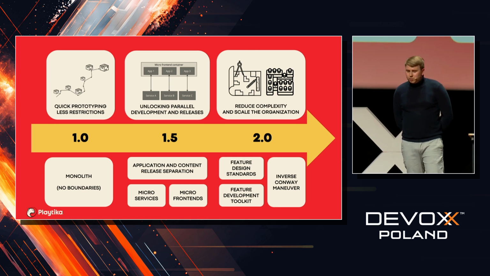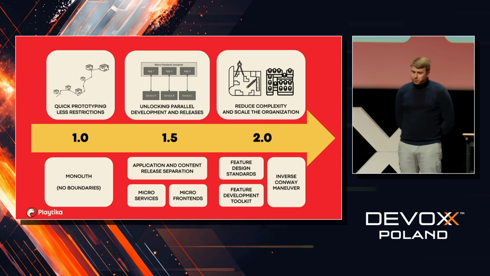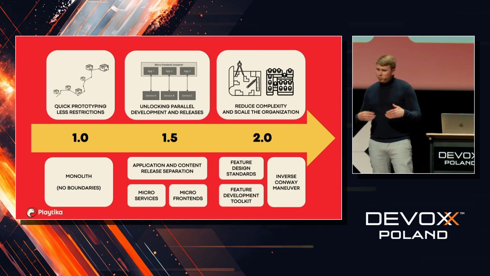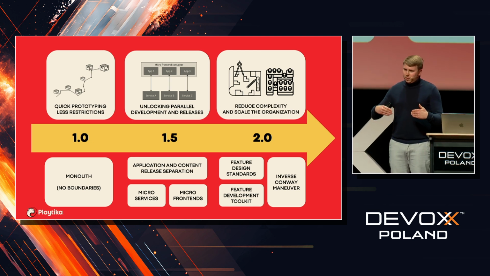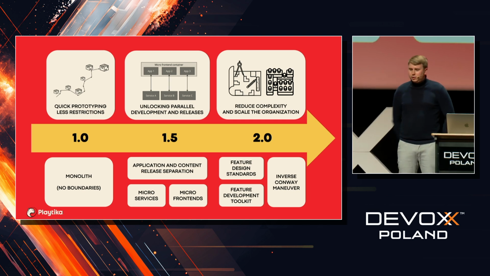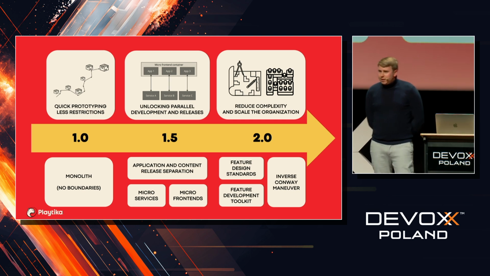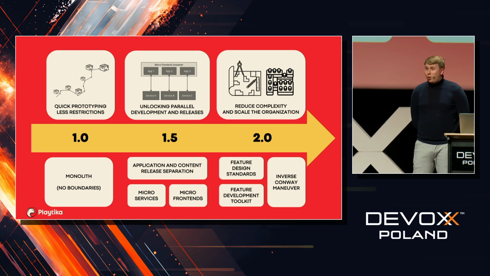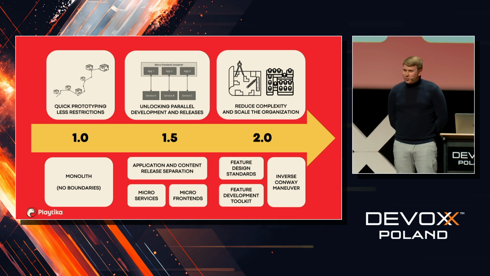So we introduced microservices, micro frontends, and we separated releases of the application and content. So we were not using the static content anymore. The content is downloaded from the remote server, and the content team and the application team are not interfering with each other. And the architecture 2.0, we hope, solves the problem of the extra complexity.